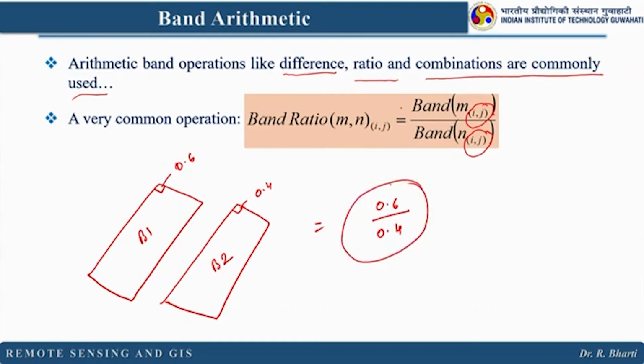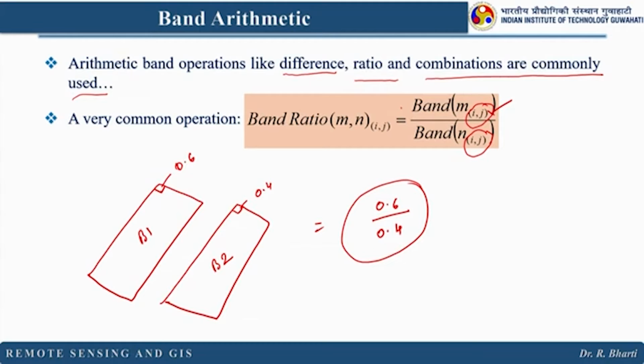Now it is important to note that we have to take care of this (i,j). If you use the first pixel value of band 1, then you have to use the first pixel value of band 2; only then is it logical.